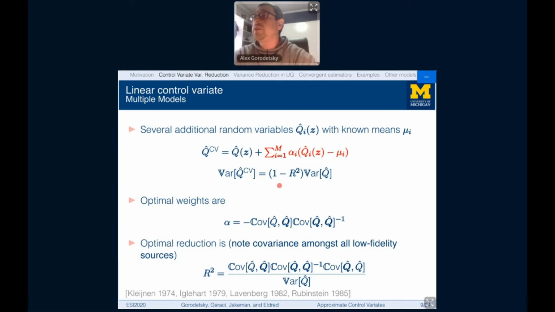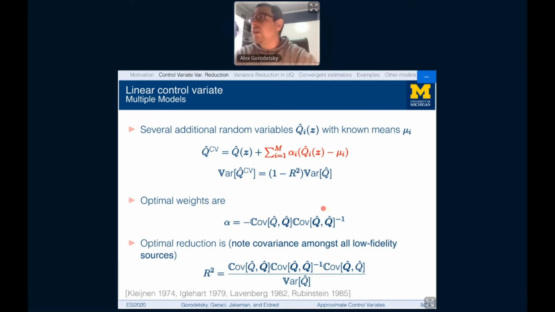Within this modeling framework, what matters is the correlation and the covariance between all the models, not just the low fidelity models and the high fidelity models, or a sequence of low fidelity models in a hierarchy. Here we see the terms that come into play are the covariance between the high fidelity model and all the low fidelity models, which is indicated by the bold Q, and between all of the low fidelity models as well.